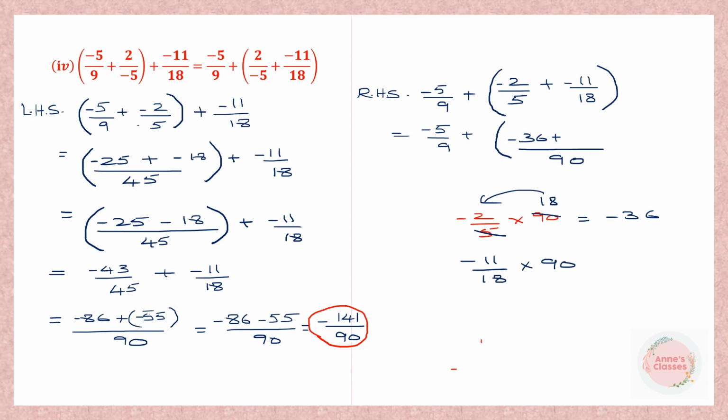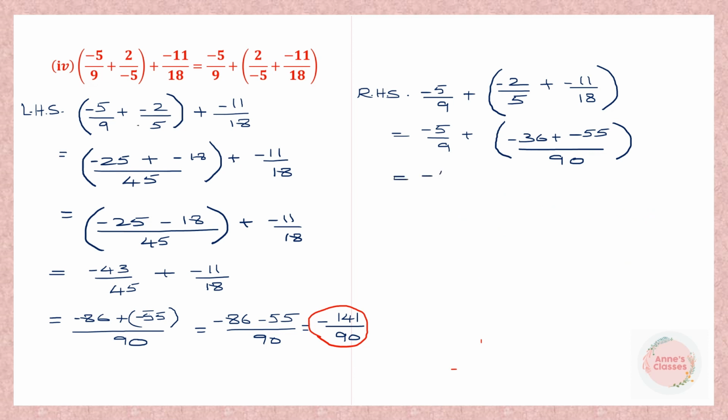Now 18 into 5 is 90. So minus 11 into 5 is minus 55. So let's write that there, minus 55. Close the brackets there. So let's continue. This we write as it is. So here this is minus 5 by 9 plus, now let's work out what's within brackets. So minus 36 minus 55 by 90.